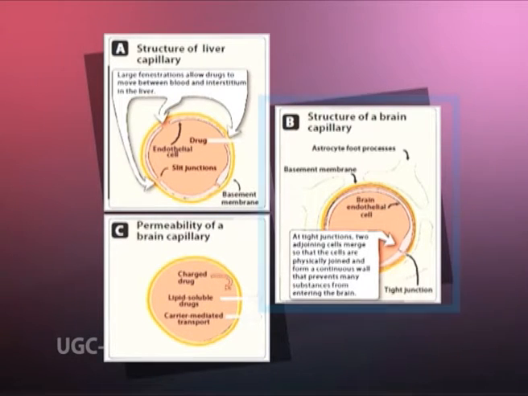In the brain, the capillary structure is continuous and there are no slit junctions. To enter the brain, drugs must pass through the endothelial cells of the CNS capillaries or be actively transported. For example, a specific transporter carries levodopa into the brain.